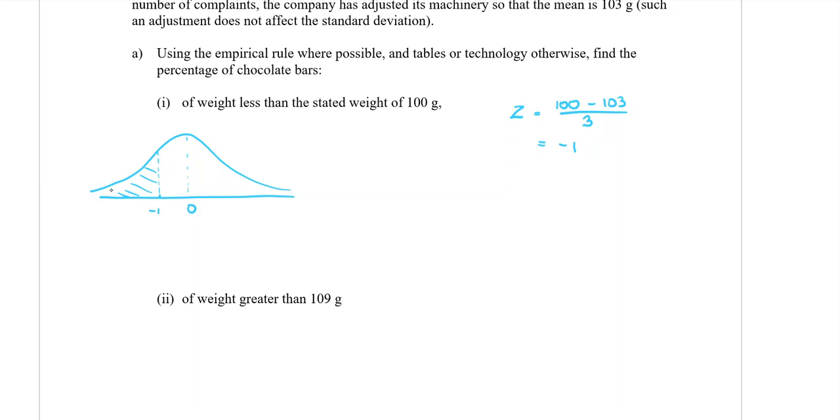Using the 68, 95, 99.7, one standard deviation is 68. Okay, but that's from -1 to +1. So that would be between those 2 points. If I halved the 68, that means that that part there would be 34%.